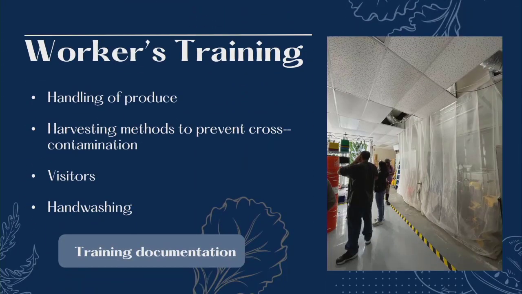And when we talk about worker training, it's about how they're trained to handle produce during production, or even when they're harvesting, whether they're touching the water when harvesting or not. Again, handling methods to prevent cross-contamination.